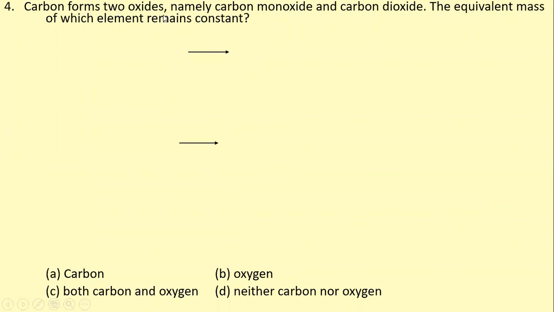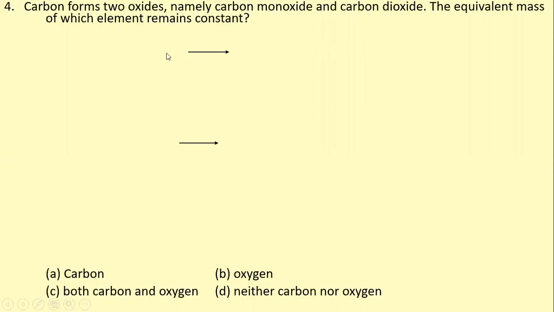See here in this question, carbon forms two oxides, namely carbon monoxide and carbon dioxide. We all know carbon monoxide is given by CO and carbon dioxide is given as CO2. Now, the equivalent mass of which element remains constant? So, based on the given data, we have to write the equation, that is, the first reaction.